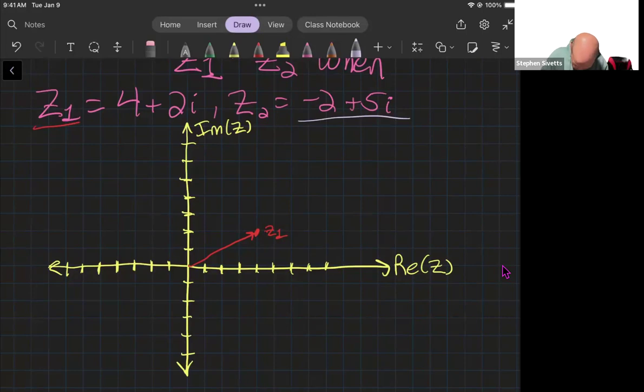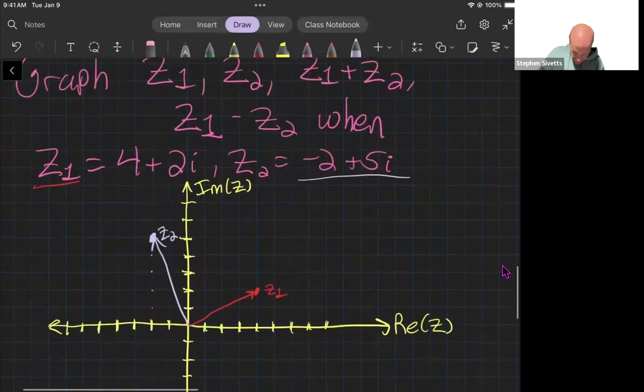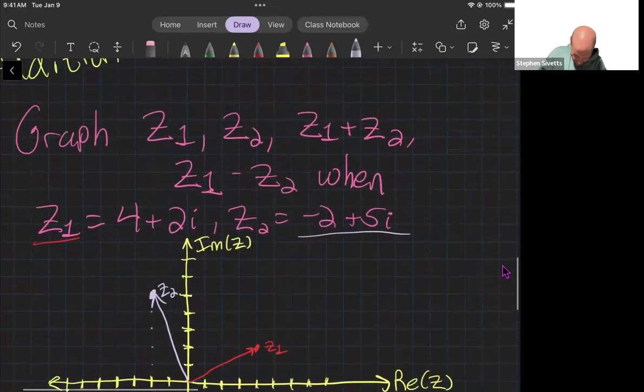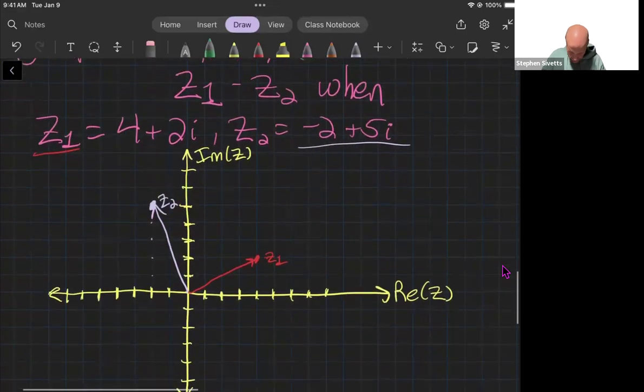Minus 2 plus 1, 2, 3, 4, 5, 5i. So right here is our second vector, z2. Okay, so what we want is z1 plus z2 first. Okay, I'll highlight this in green. All right, so z1 plus z2.